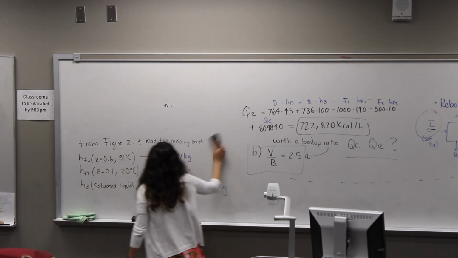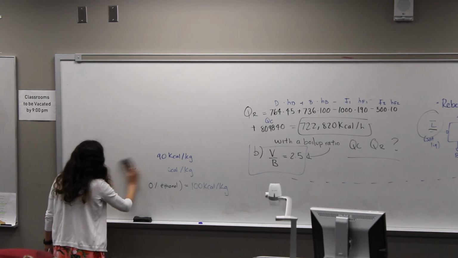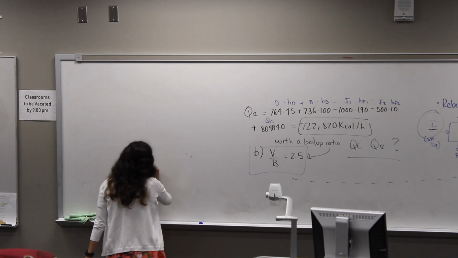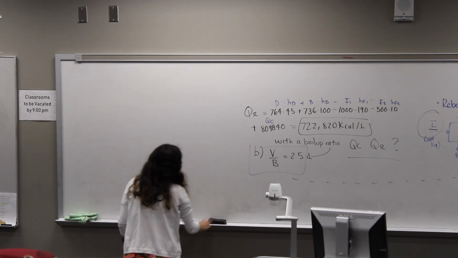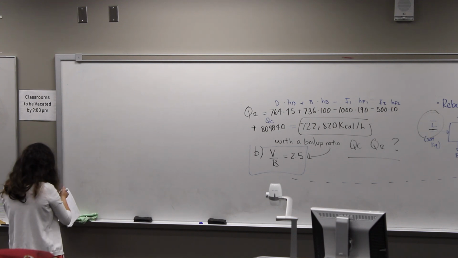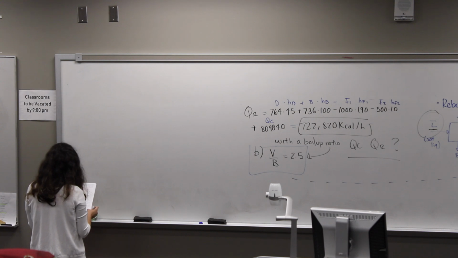As you can see, it's just mass, energy, mass, energy, mass, energy. And essentially, this is what you have to do for your exam to show me that you can do mass and energy balances around a distillation column. So, how much do you get?